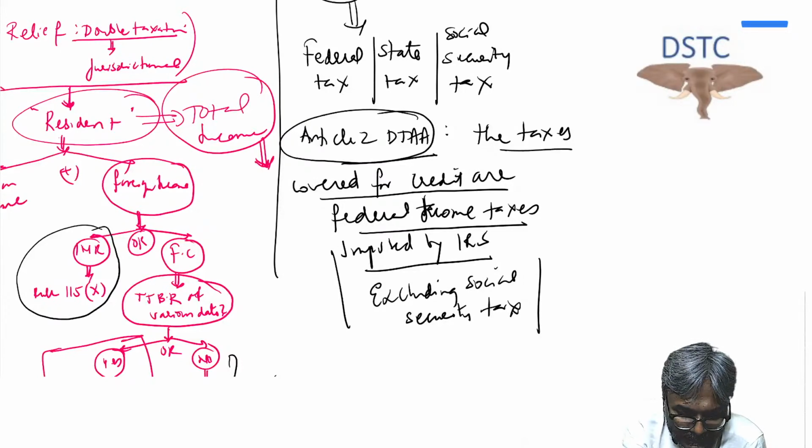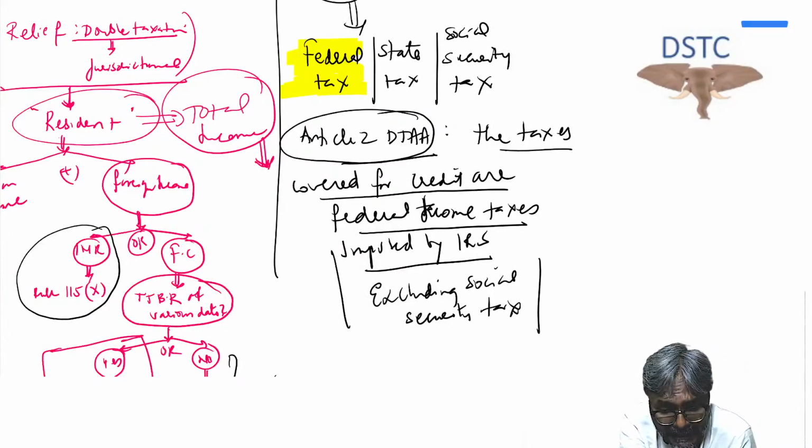In this case, you would only be focusing on federal income tax. That's it. So this is what the ICAI targeted in that attempt. Only the federal tax has to be considered in this case.